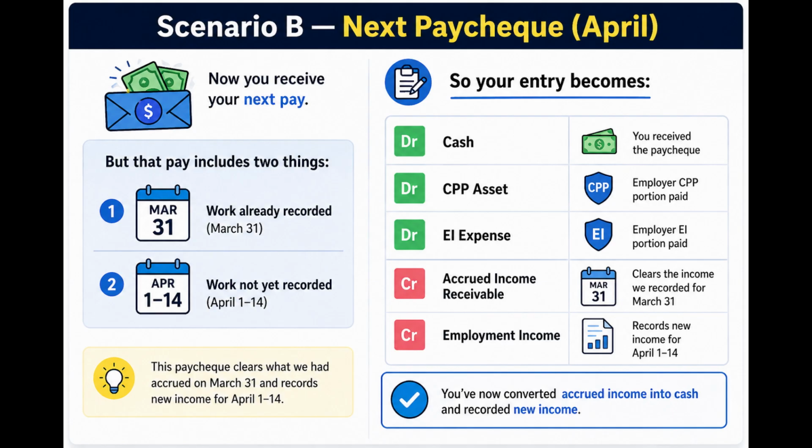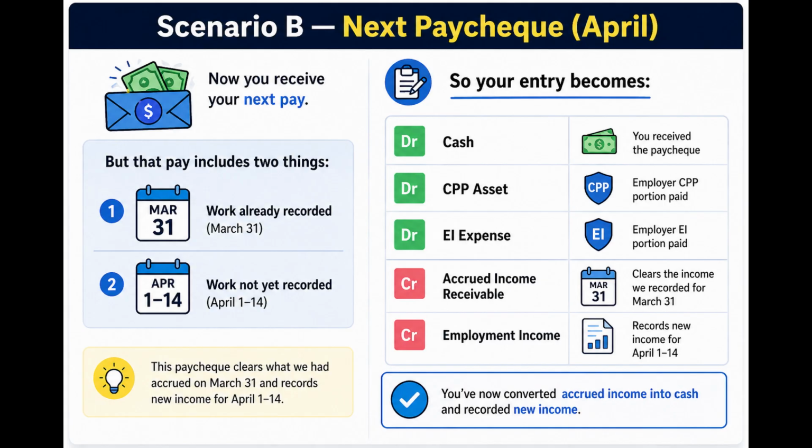In scenario B, let's say that the period is April 15th where you receive your paycheck. Now you receive cash, but that pay includes the work done on March 31st, which has already been recorded, and the April 1st to 14th period, which has not yet been recorded. So the entry becomes the debit is to cash for the full amount that you've received in your bank account.